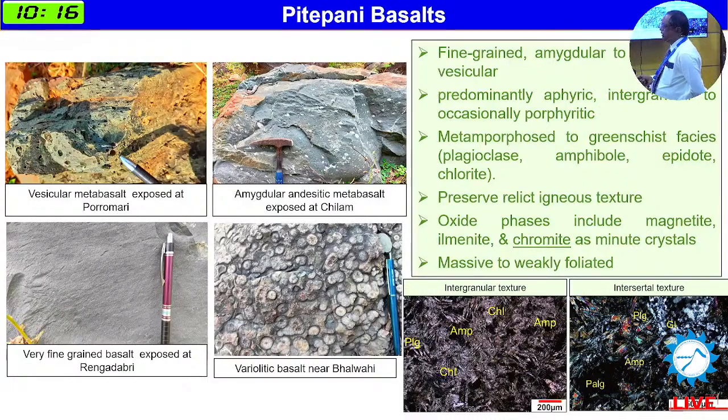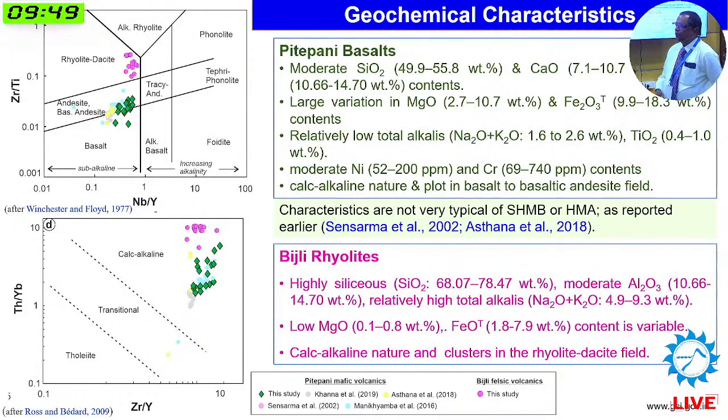These are mostly very fine to fine grained and aphyric, with only very few clinopyroxene phenocrysts, and in some parts relict igneous texture is also preserved. You can see variolitic textures here, and mostly the basalts are either intergranular or intersertal, with a little bit of phenocryst in different segments.